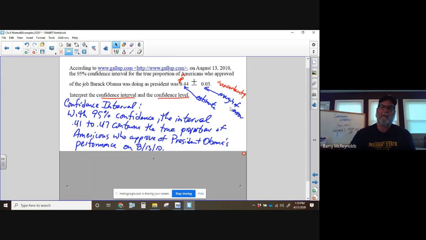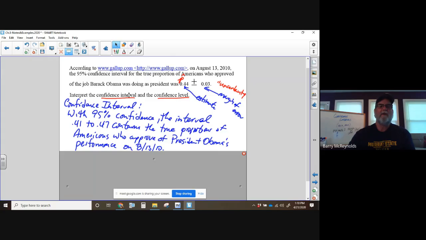And they came up with a margin of error of 0.03. Now, you might be wondering, well, how do we know that the margin of error is 0.03? Well, stick around. Tomorrow we'll calculate that, and it comes directly from the sample data that was taken on that day. But today our focus is just interpreting this thing called confidence interval and confidence level.